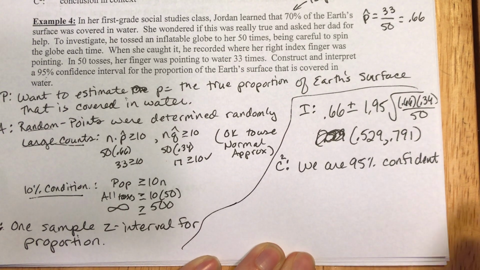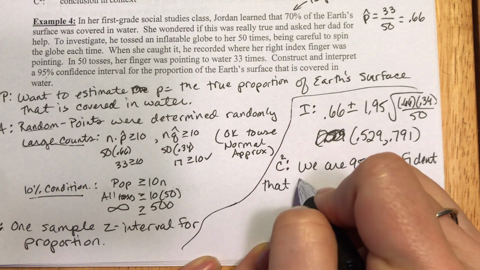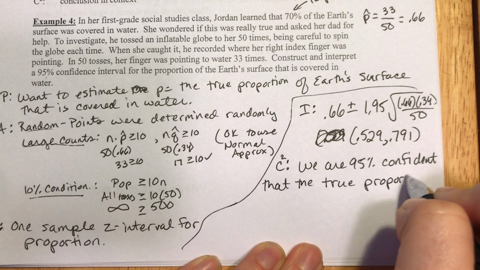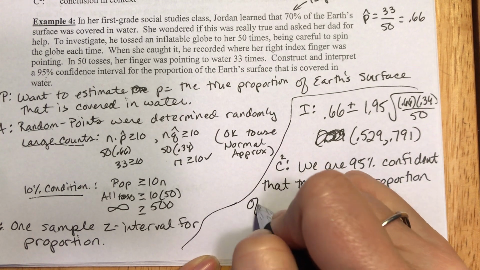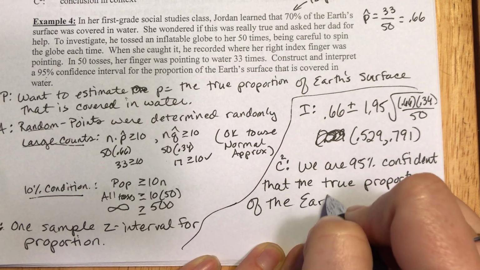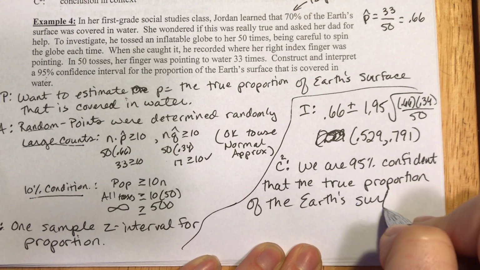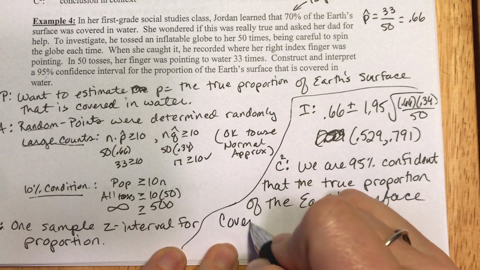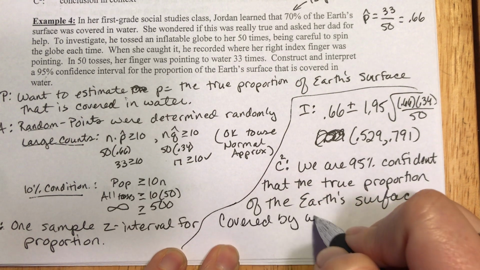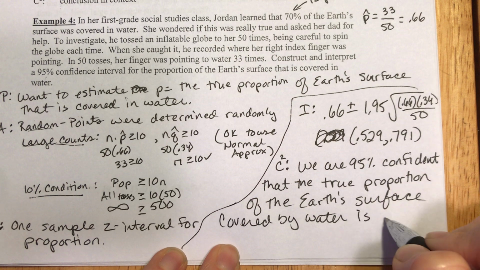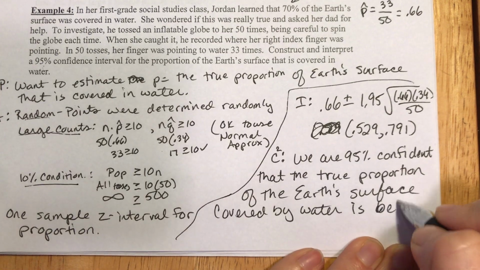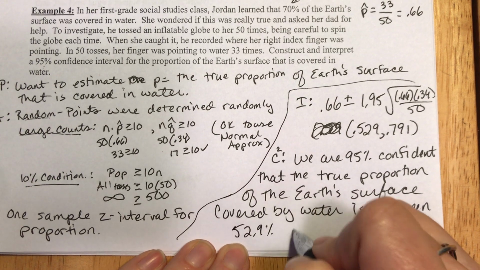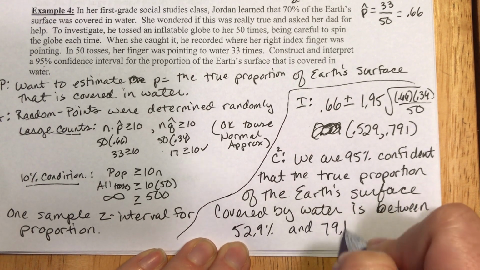We are 95% certain that the true proportion of the Earth's surface covered by water is between 52.9% and 79.1%.